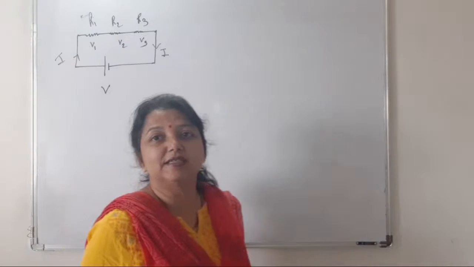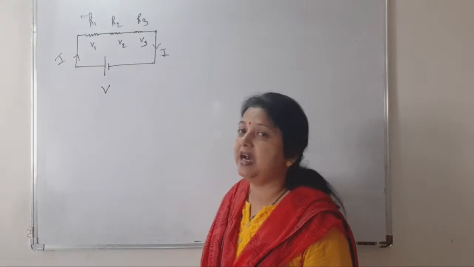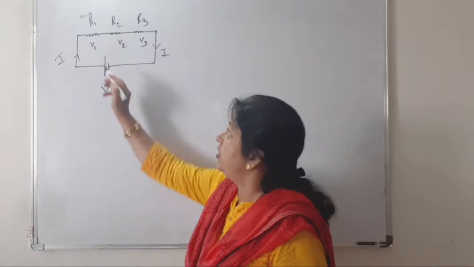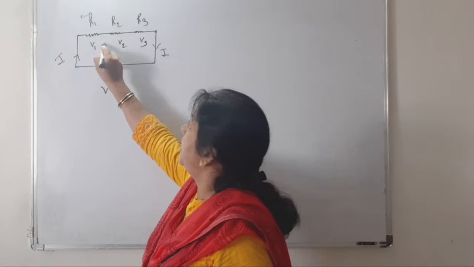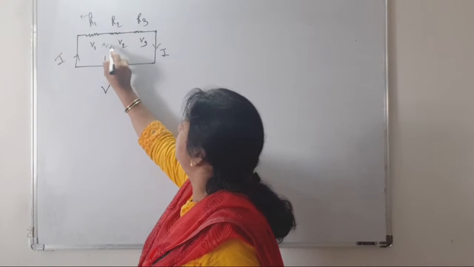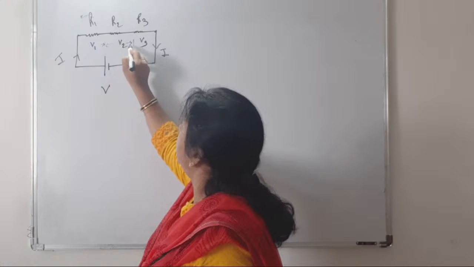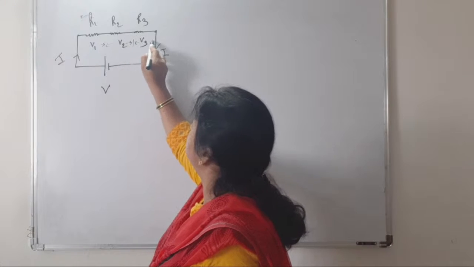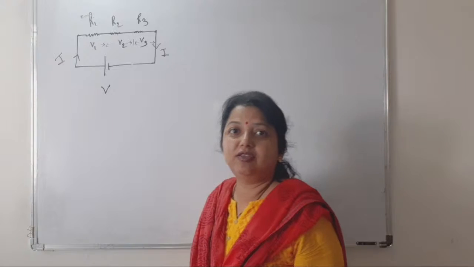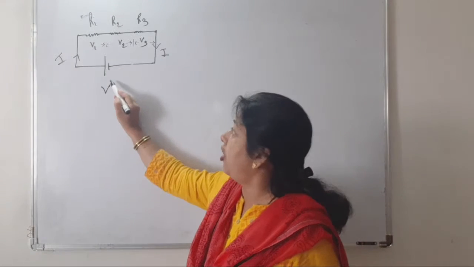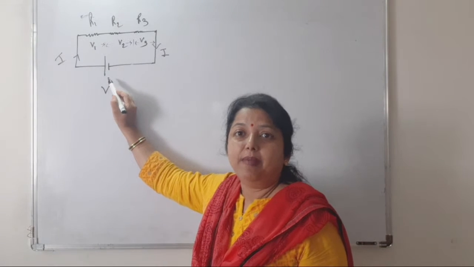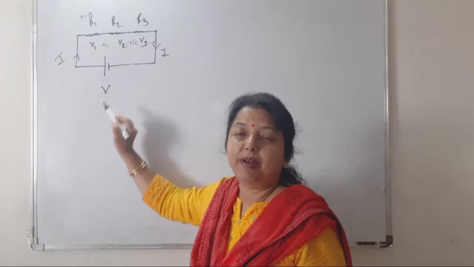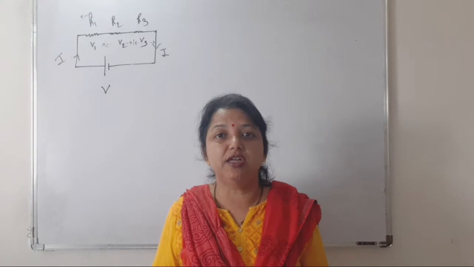Whenever three resistances R1, R2 and R3 are connected in series, V1 is the potential drop across R1, V2 is the potential drop across R2 and V3 is the potential drop across R3. Overall potential of a battery of potential V is applied across that series combination.